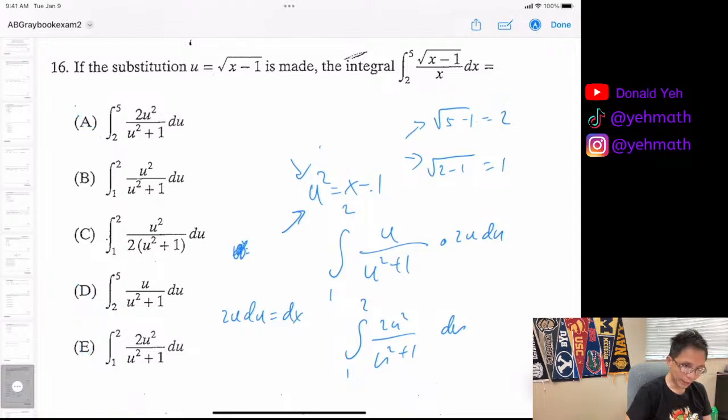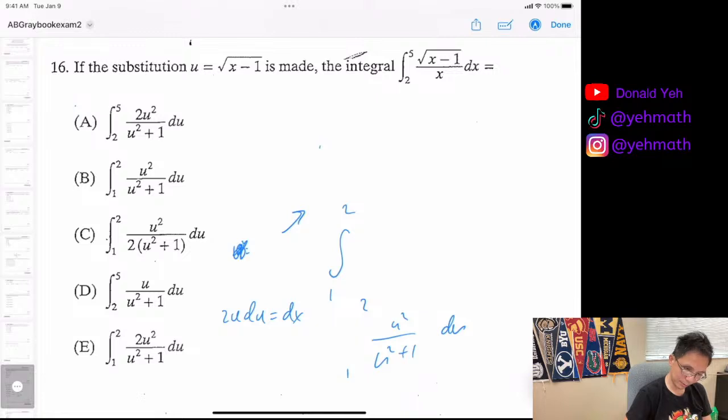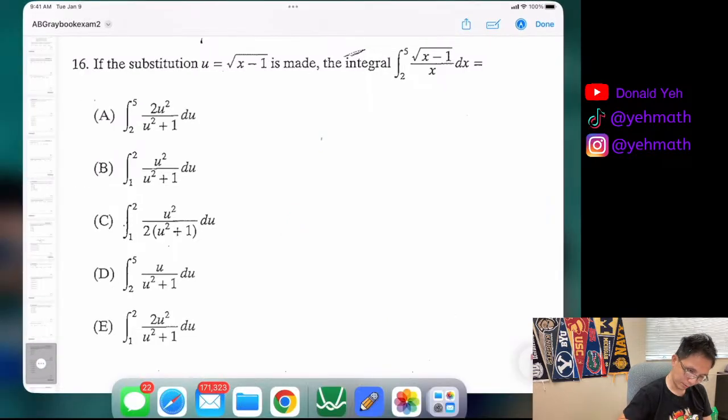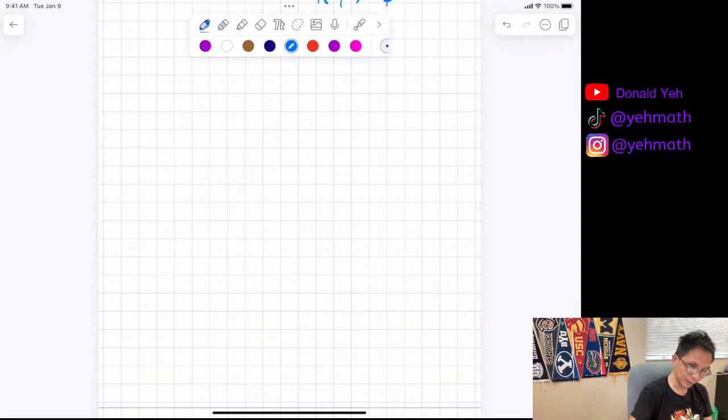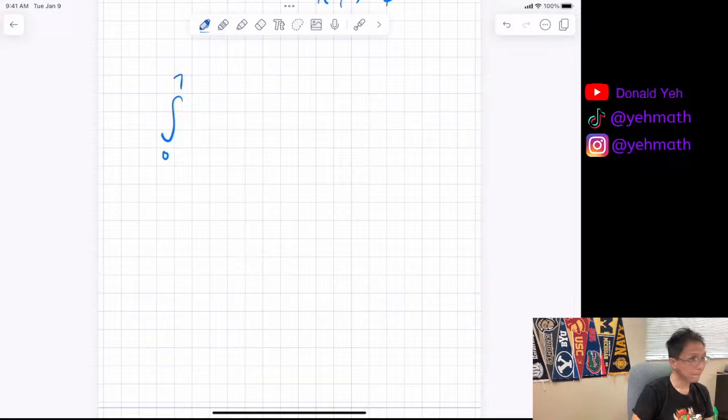Okay, so any homework question you want me to go over? What does 65 say? Integration from 0 to 7. x times the cube root of x plus 1. Hold on. Integration from where to where? 0 to 7. x times the cube root of x plus 1 dx.